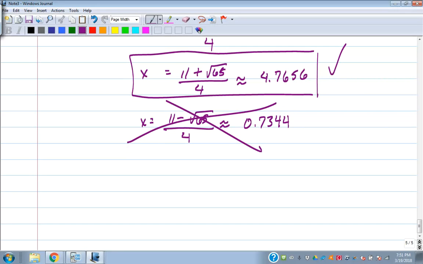So the only answer we have is that 4.7656 as our solution for that problem. So, tough stuff here when you're dealing with logarithmic problems. Not the easiest of stuff to deal with.